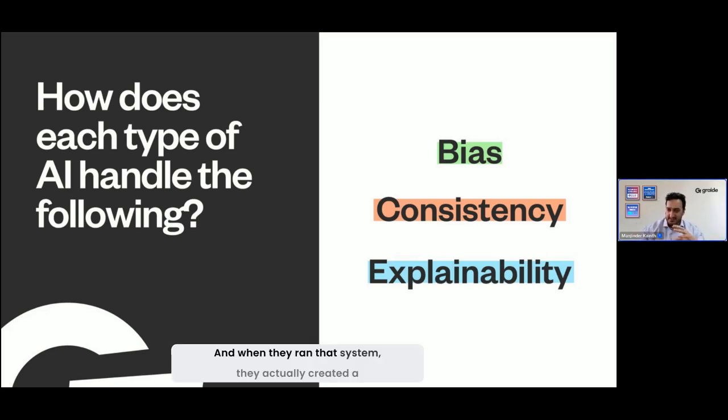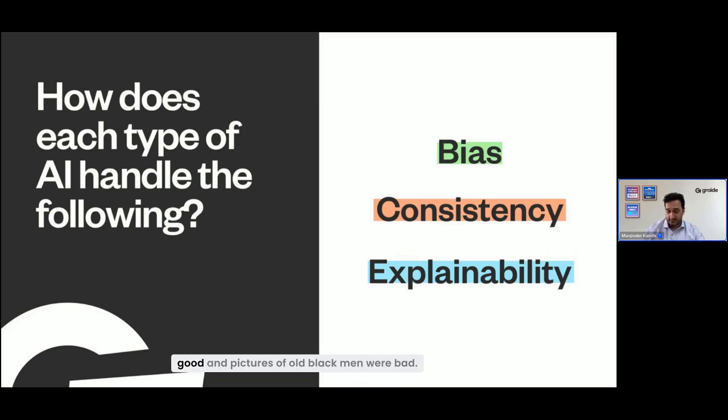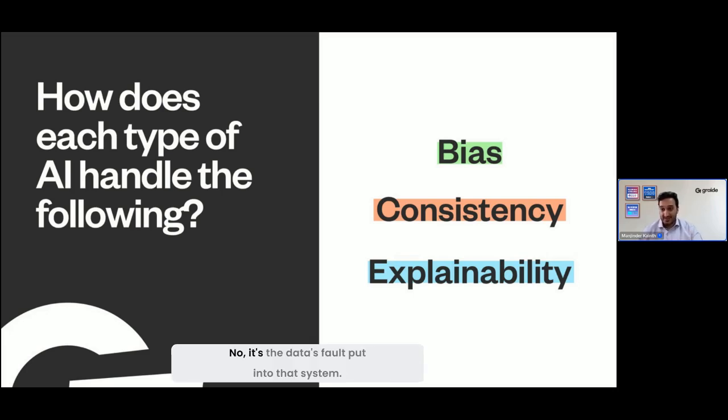And when they ran that system, they actually created a model which would bias in a very negative way. It would say that pictures of blonde white women were good and pictures of old black men were bad. And is that the model's fault? No, it's the fault of the data that's put into that system.